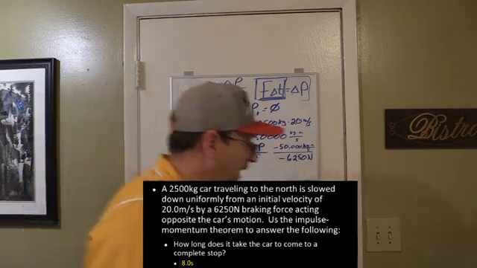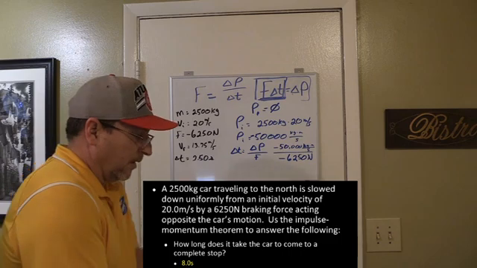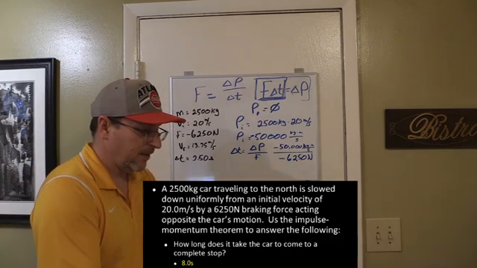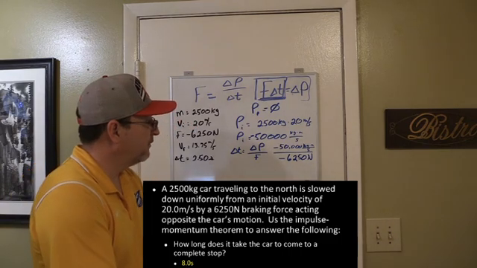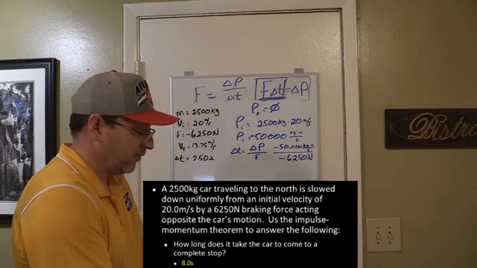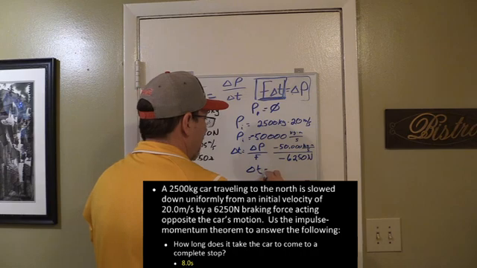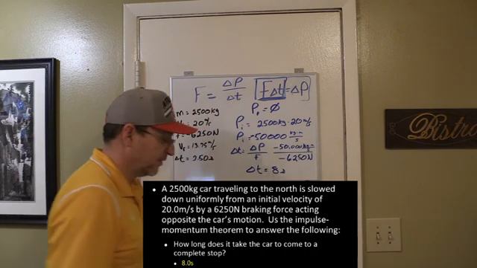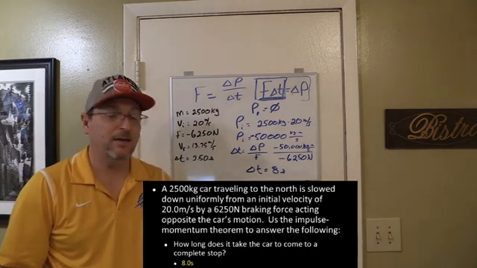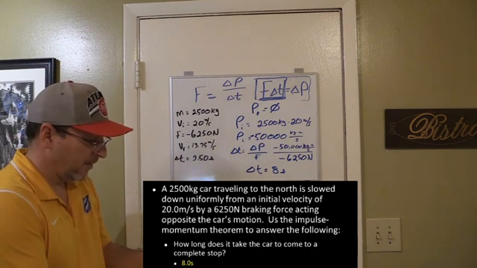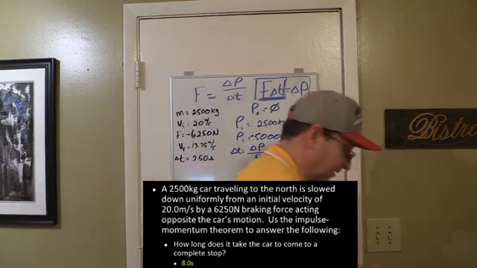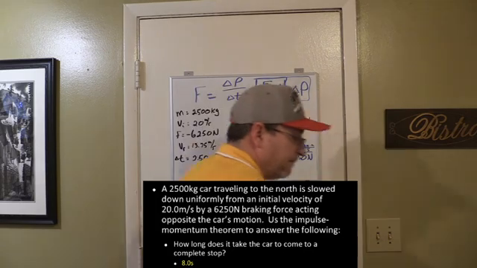Do the division on that. Negative 50,000 divided by negative 6,250, and I get a change in time of 8 seconds. All right, there we go. Awesome, let me get rid of this real quick and then we'll move on.